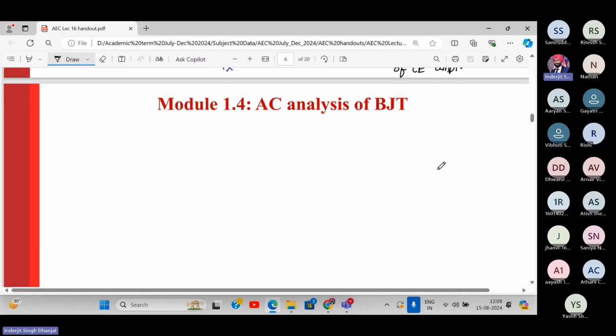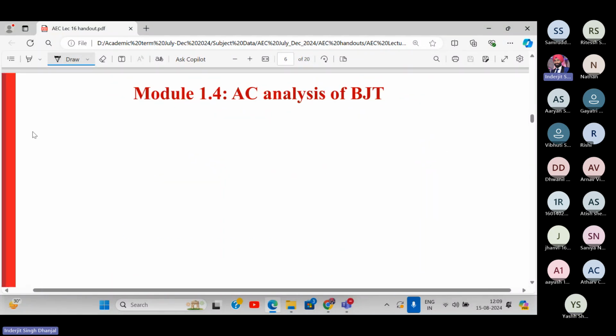All right. So now let me give you a summary because this will help in solving numericals easily. So we have common emitter amplifier. First you do the DC analysis. So this is the procedure to follow.